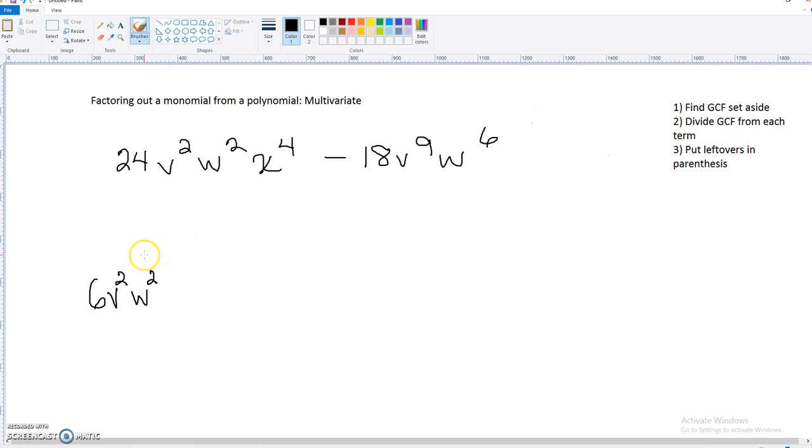So now that we've found that greatest common factor, I want to give you an example to help you understand what we're doing. With factoring, really what we're doing is a fancy word for division.